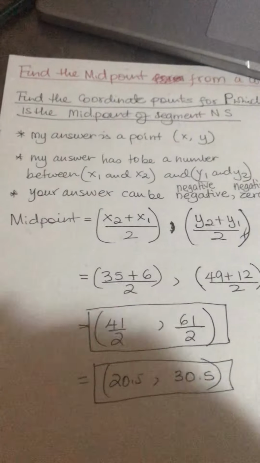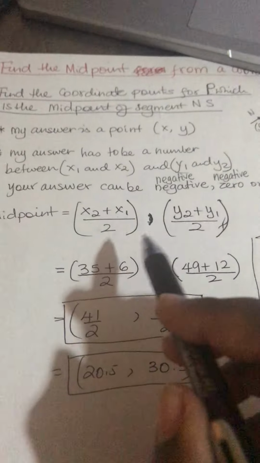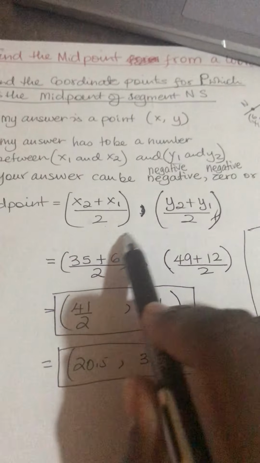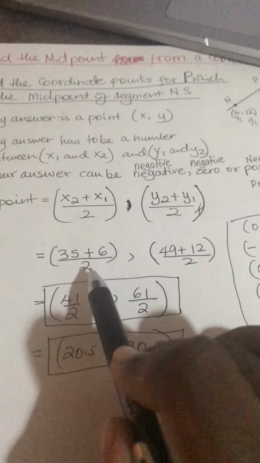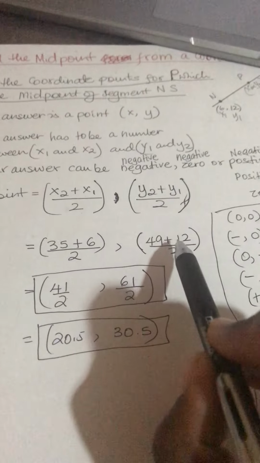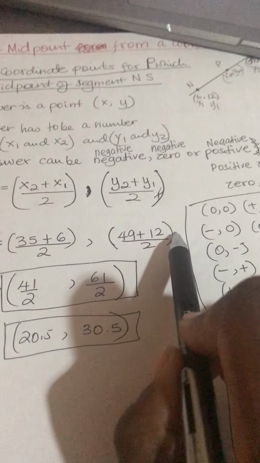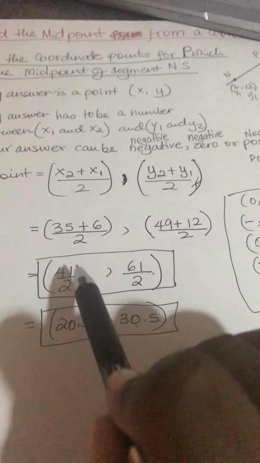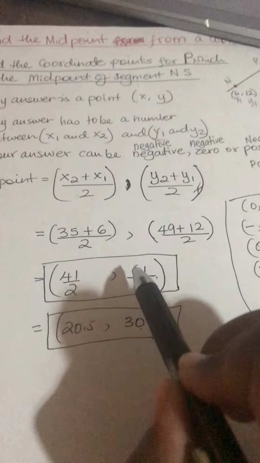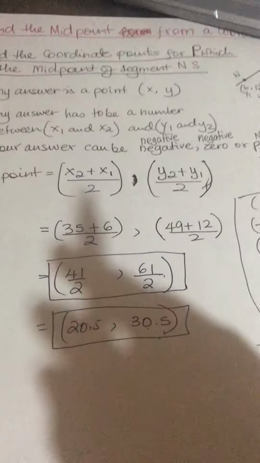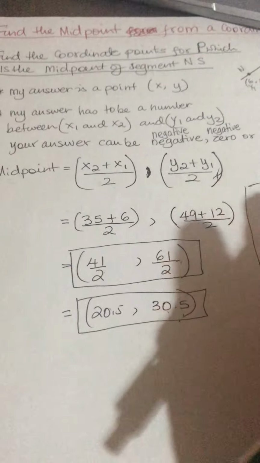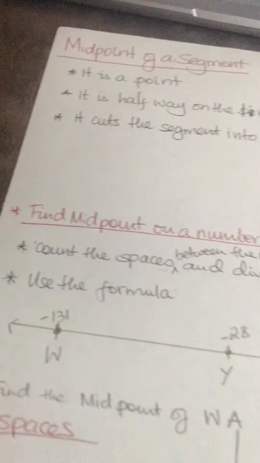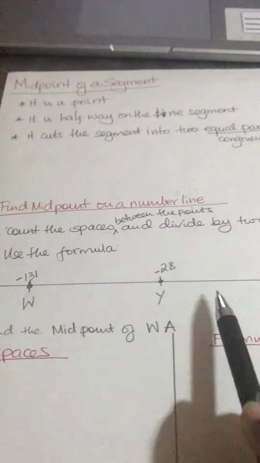It is the half point between your line. So that is why you have to divide by 2. So when you add x2 and x1, you get 41, you divide by 2. y2 and y1, you divide by 2, and there is your answer. So your answer can be a fraction or it can be a decimal, depending on the choices that they have given you. Okay? Now, let us do from a number line.